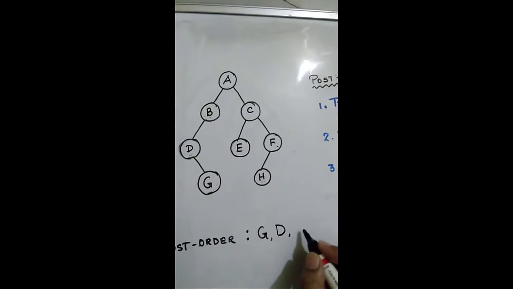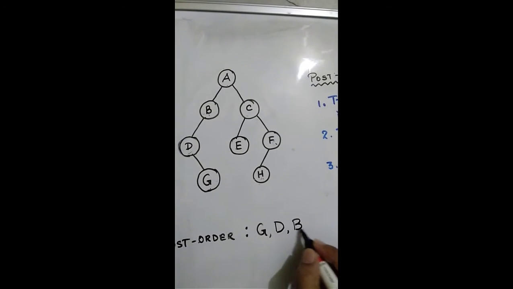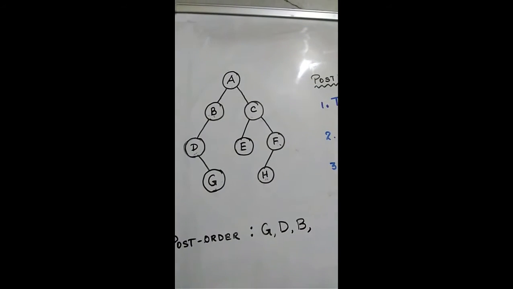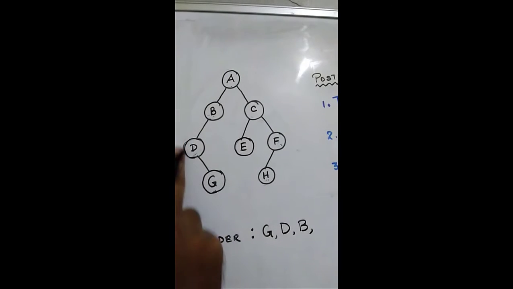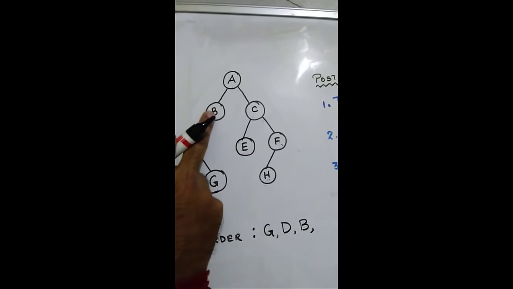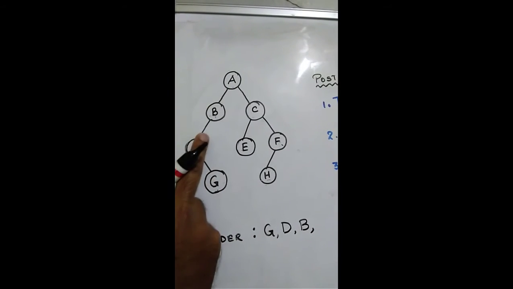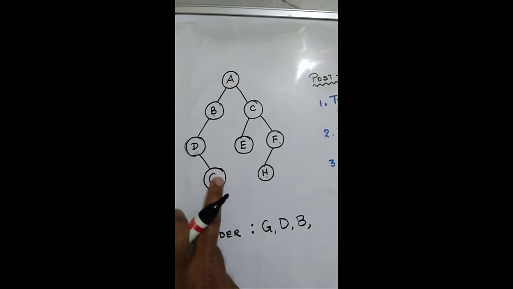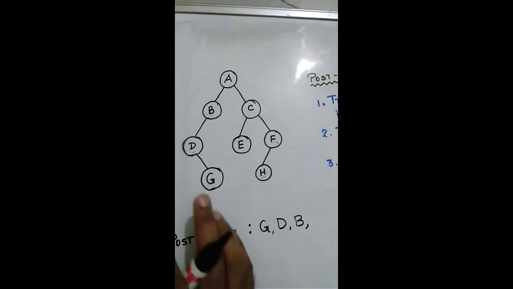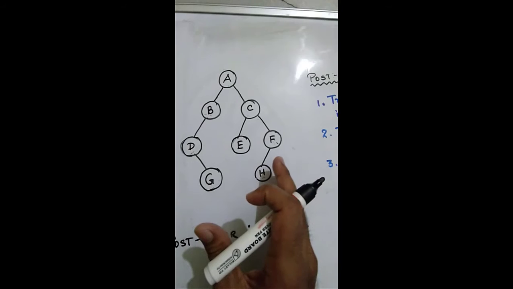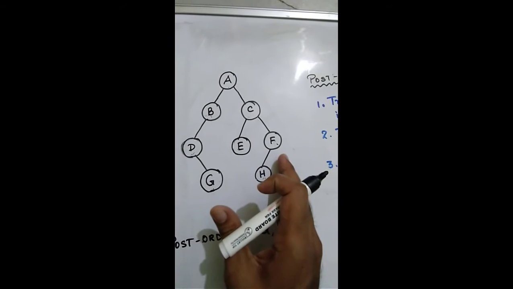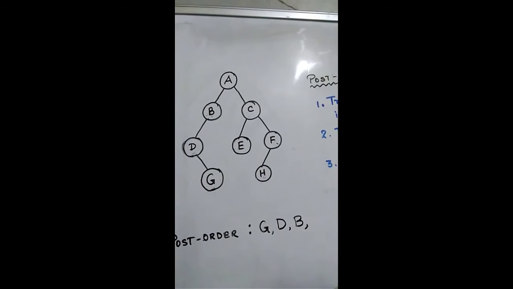So here after D, B will get printed. Now for the whole binary tree we have already visited the left subtree. We have completely traversed the left subtree. Now we will move on to traversing the right subtree in post order.